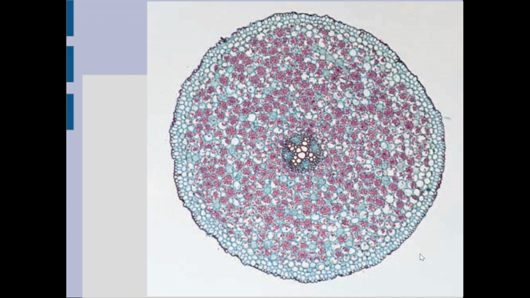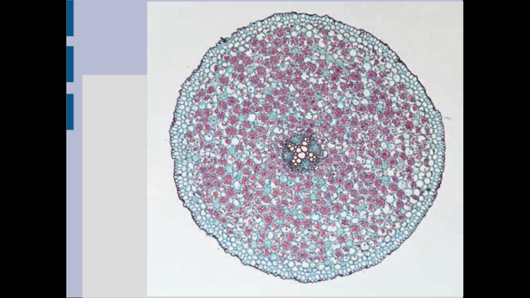The outer layer is epidermis. So this thin layer is the epidermis. Then the thick part is the cortex, and the central part is stela. So: epidermis, cortex, and stela.